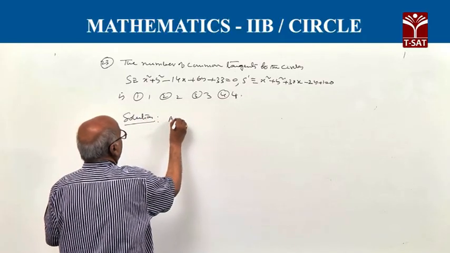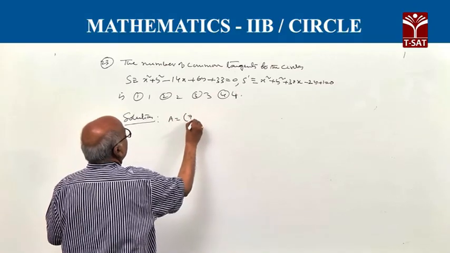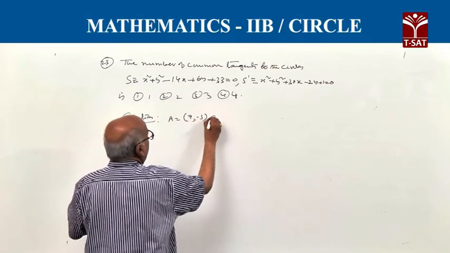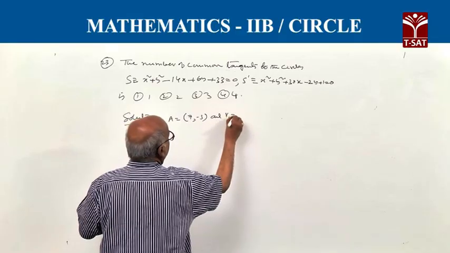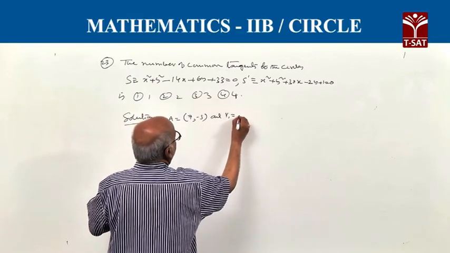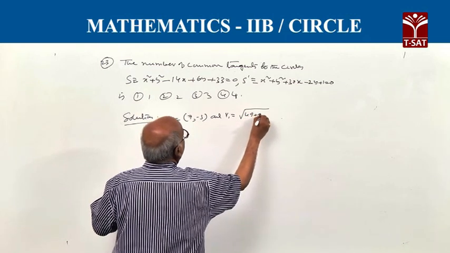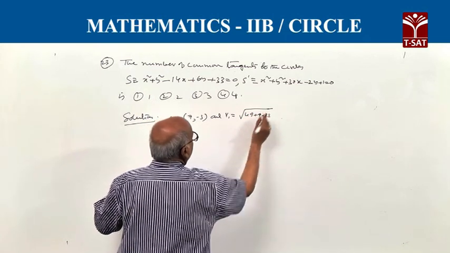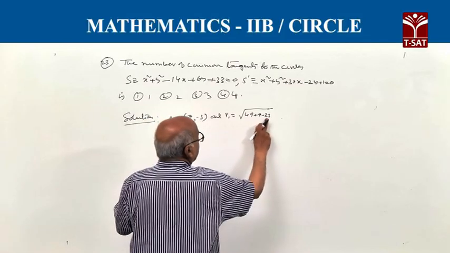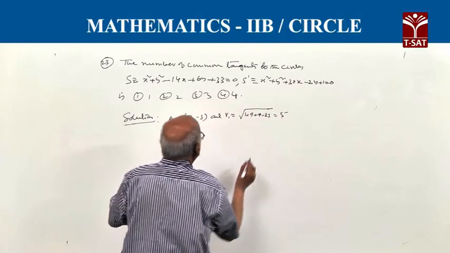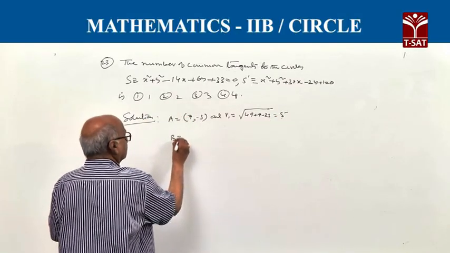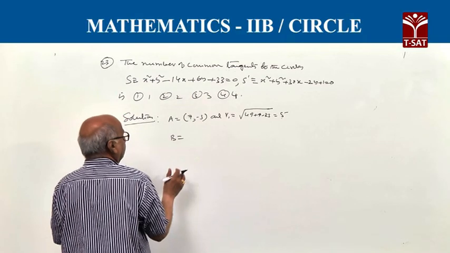now A is equal to (7, minus 3) and R1 is equal to the square root of 49 plus 9 minus 33. So 58 minus 33 means 25, which is equal to 5, the center and radius of the first circle.